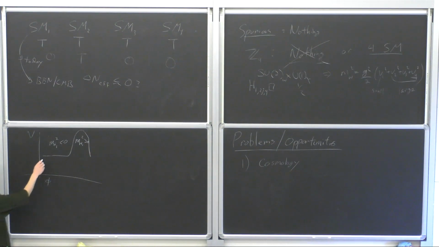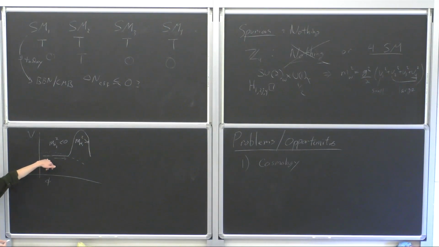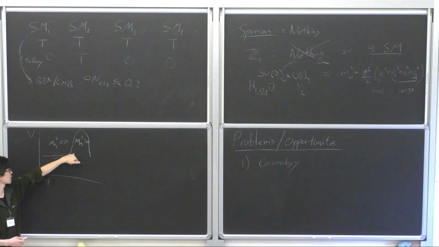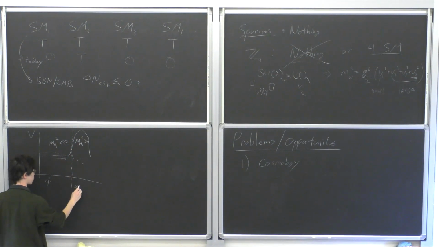If I push slightly to the right here with a potential, where is the minimum going to be? It's not going to be here where the Higgs mass is negative because there's no first derivative, right? The minimum will be poking a little bit into here where there's actually some pushback, right? So the minimum is over here with small positive Higgs mass.